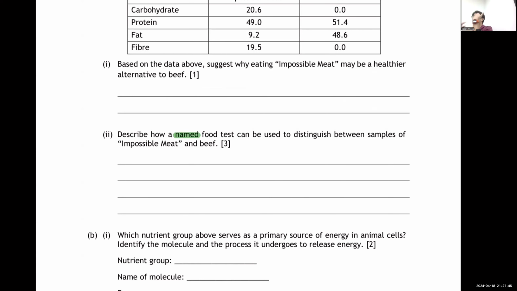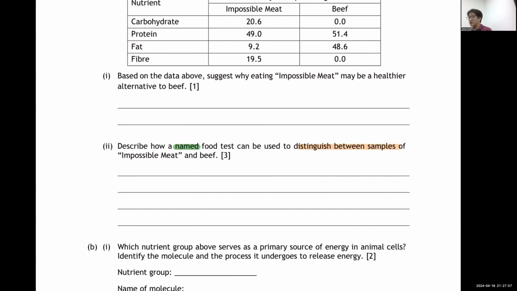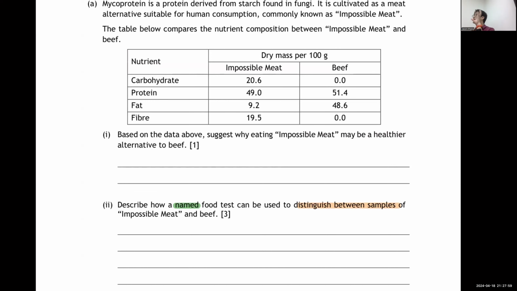Immediately, what should your brain be looking for? It's going to be the food test, straight up. I want to distinguish between the samples of impossible meat and beef. Are you going to compare one that has more and less, or one that has and doesn't have? Definitely has and doesn't have.